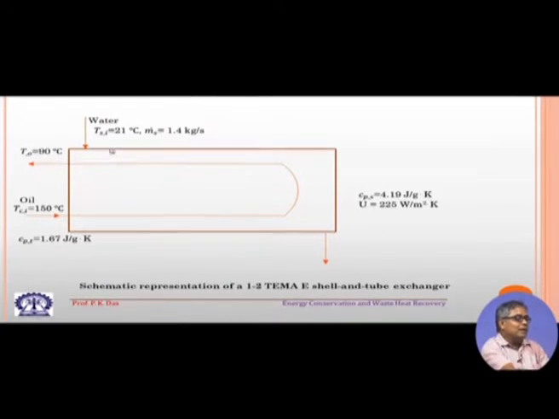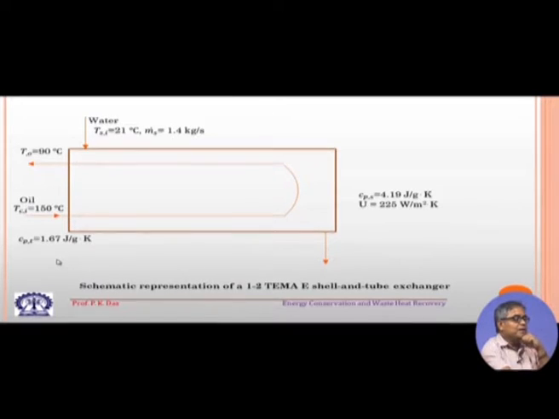So, water that enters at 21 degree Celsius, shell side fluid, and mass flow rate is 1.4 kg per second. S denotes the shell side fluid, I is the inlet, outlet temperature of water is not known. Then tube side fluid, that is entering at 150 degree Celsius and going out at 90 degree Celsius.